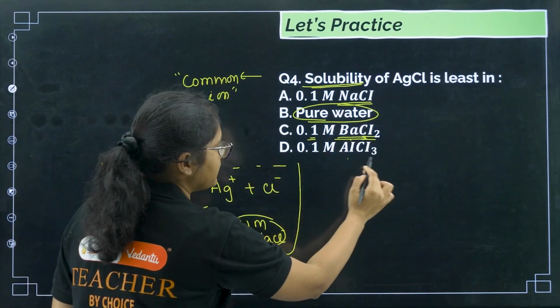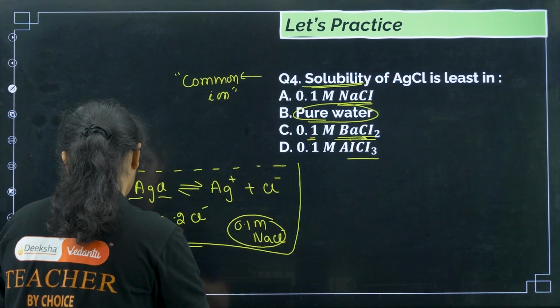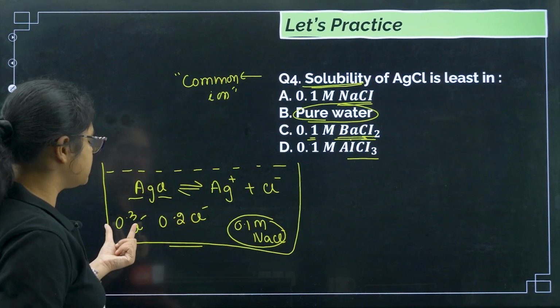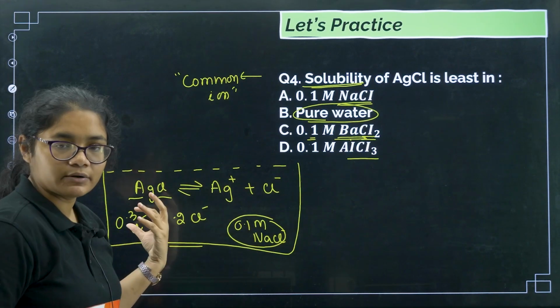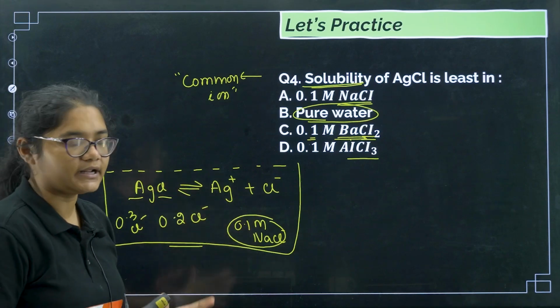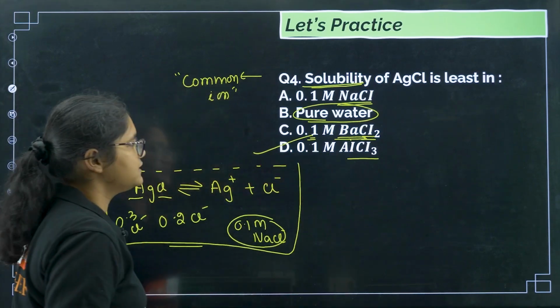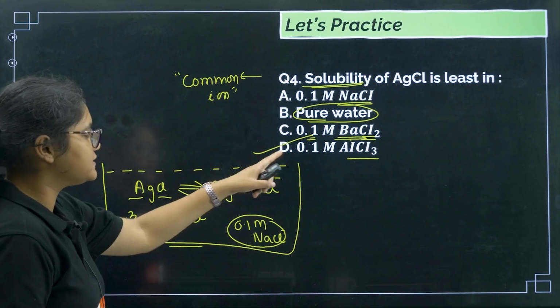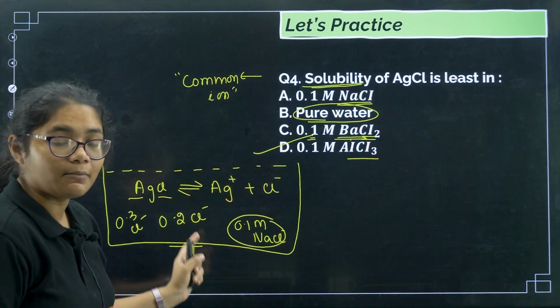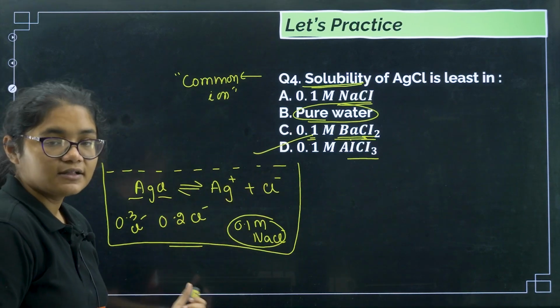Similarly here I will get 0.3 moles of Cl-. So the more the Cl-, the more the backward reaction, and the least the solubility. So the correct answer here is option D. The solubility is least here because of the larger amount of common ion present in the solvent.